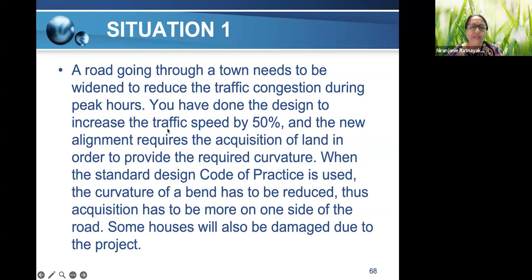You have done the design to increase the traffic speed by 50%, and the new alignment requires the acquisition of land in order to provide the required curvature. When the standard design code of practice is used, the curvature of a bend has to be reduced. Thus, acquisition has to be more on one side of the road. Some houses will also be damaged due to the project, right? Common thing that happens, isn't it?